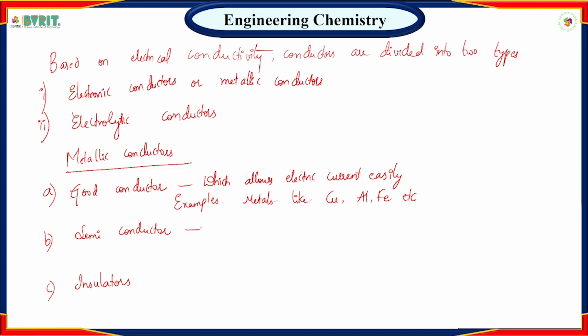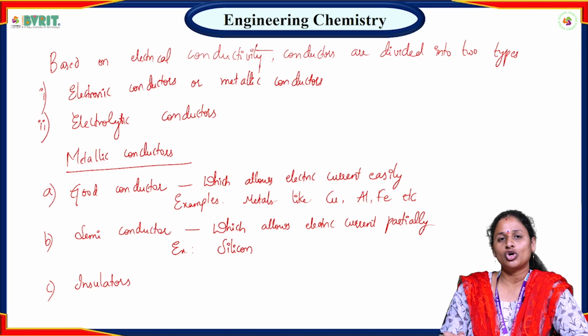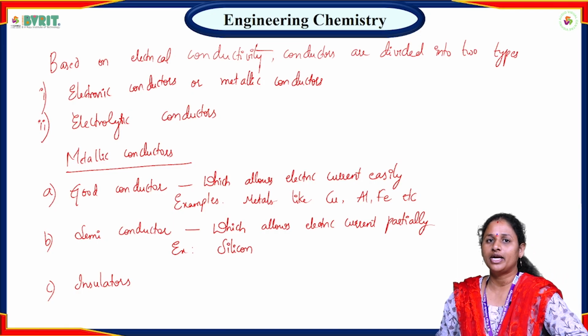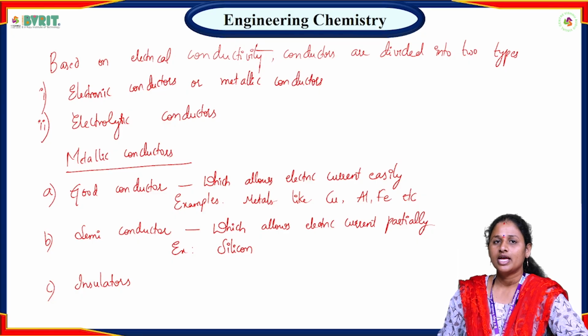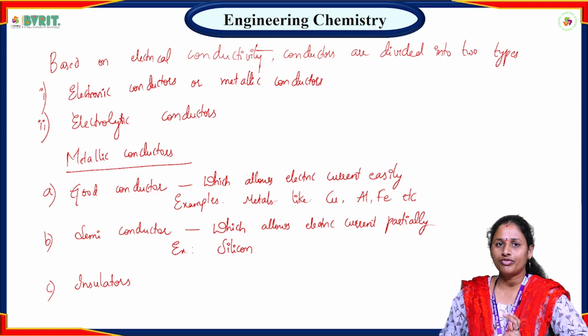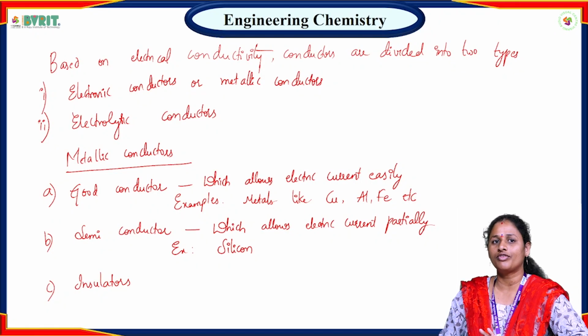Semiconductors here which allows electric current partially. So if you go for the doping, here examples like silicon. If we dope a silicon with the third group element like boron, the fifth group elements like phosphorus, then there will be the addition of one electron or a loss of electrons.